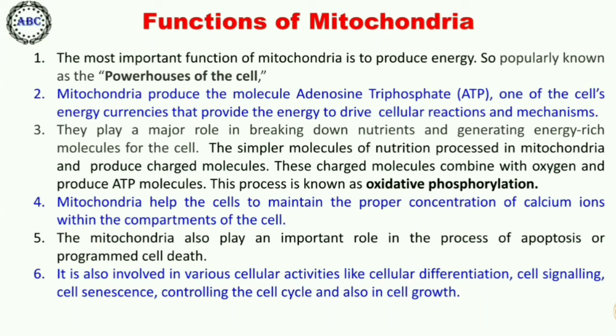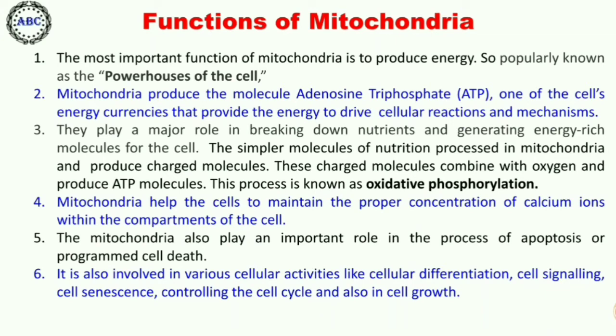Mitochondria produce the molecule adenosine triphosphate, one of the cell's energy currencies that provide the energy to drive cellular reactions and mechanisms. They play a major role in breaking down nutrients and generating energy-rich molecules for the cell.